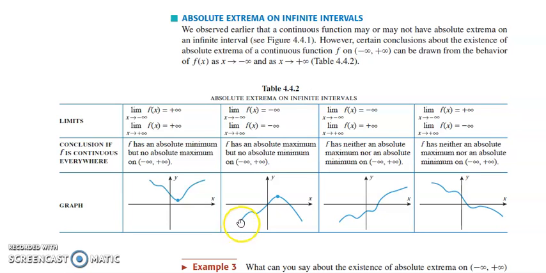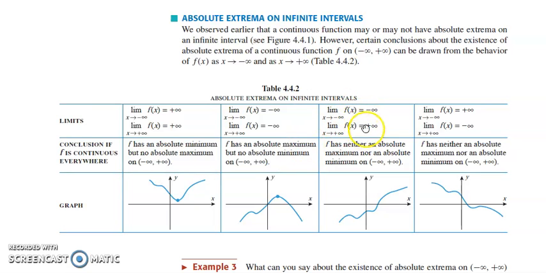Now it will not have a minimum, because the function value goes to minus infinity. So obviously there will not be a minimum, but there can be a maximum because the function does not go to infinity in this case. So the function has a maximum here, but there is no absolute minimum.